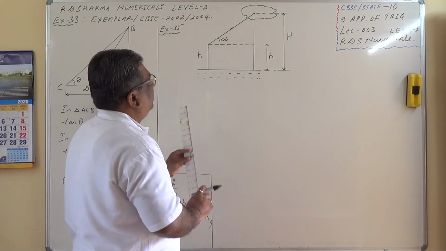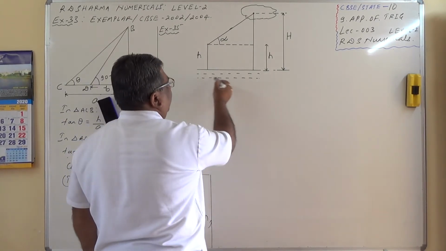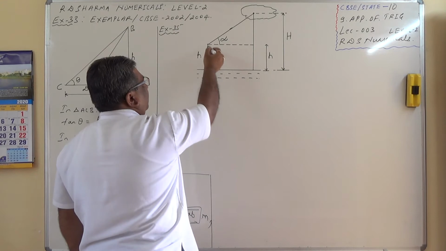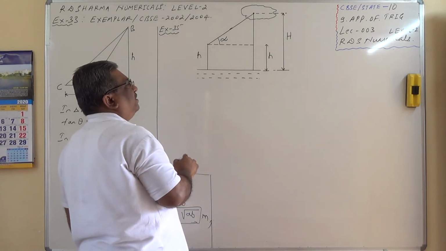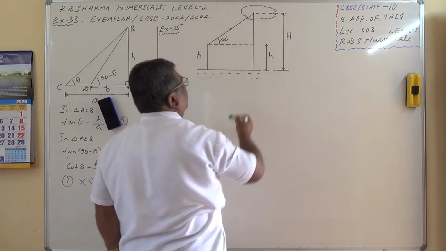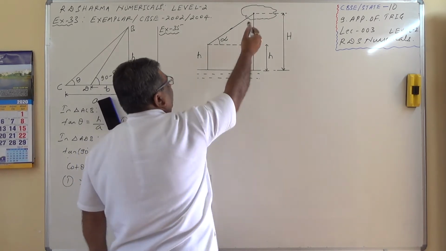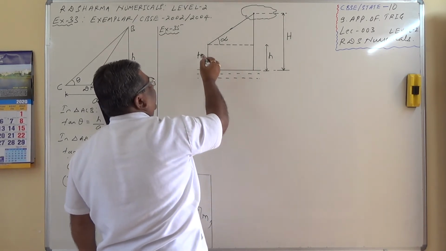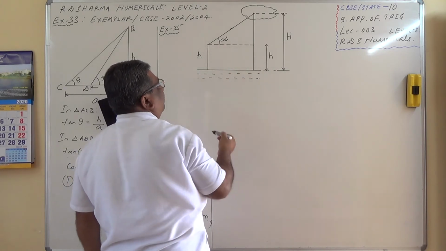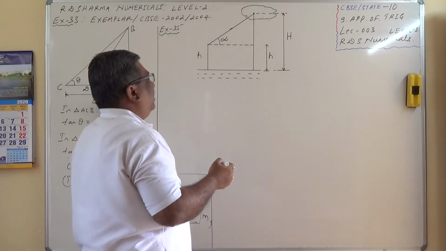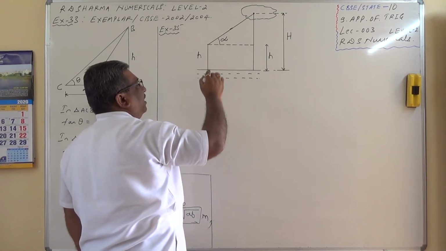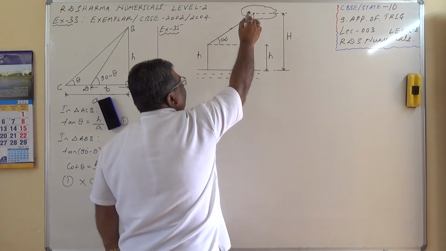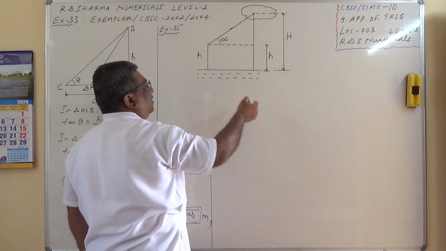Here we will draw the diagram. Lake here. From height h above the lake, we are observing a cloud. The angle of elevation of the cloud from height h is alpha. Now the angle of depression of the image of this cloud in the lake is beta.